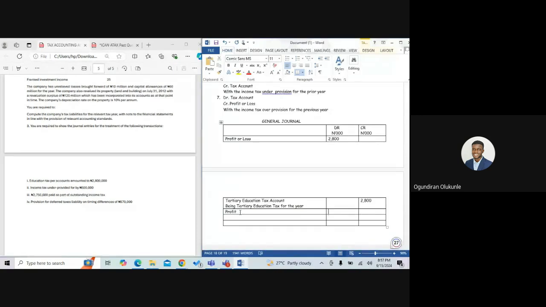For the under provision, you debit your profit or loss account with 500.